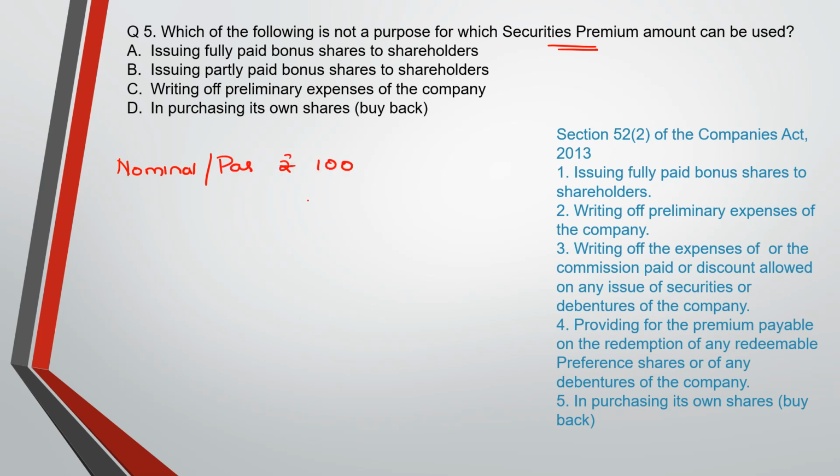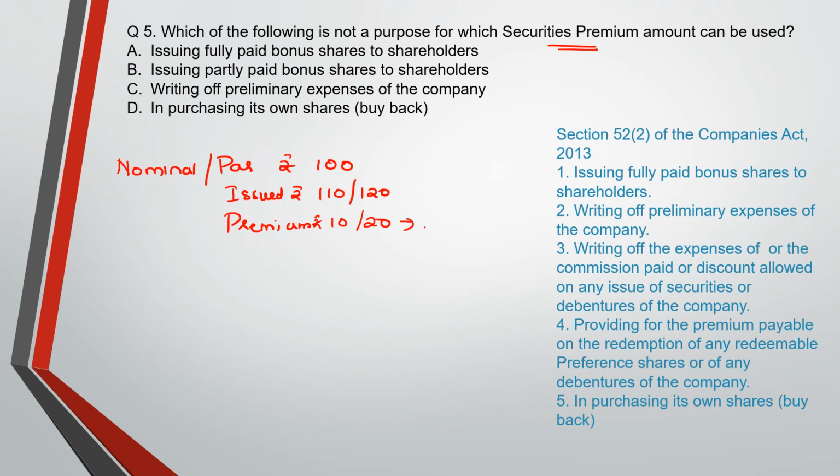If shares are issued at a price greater than 100, say 110 or 120, then that 10 rupees or 20 rupees is called premium.